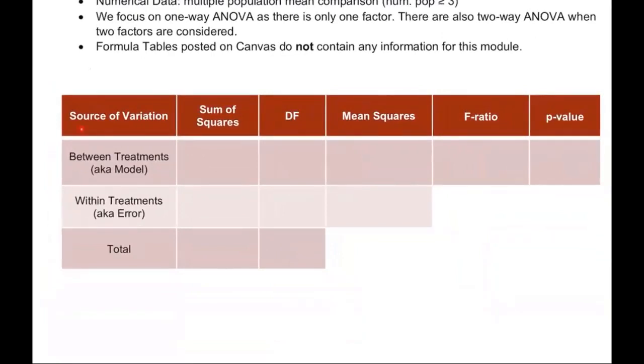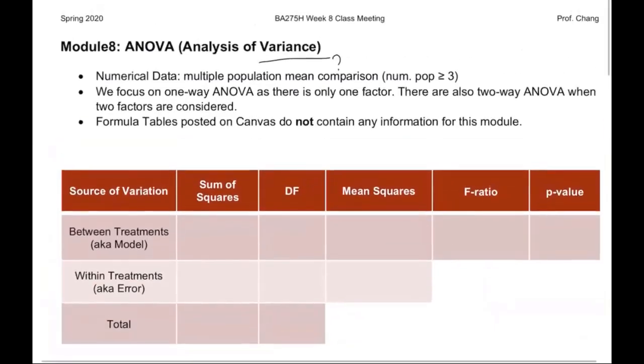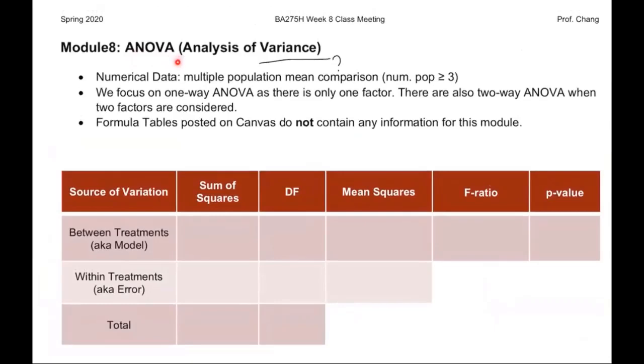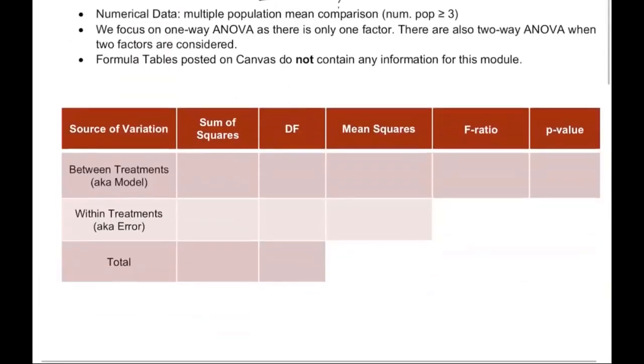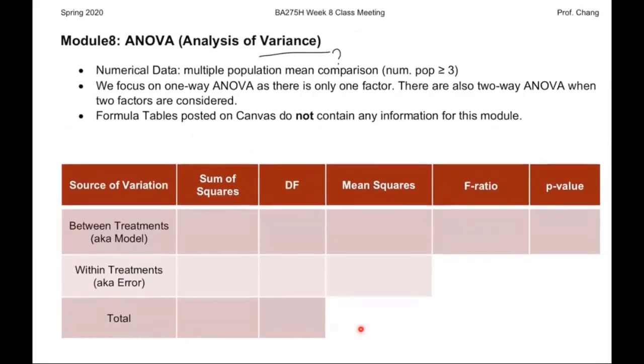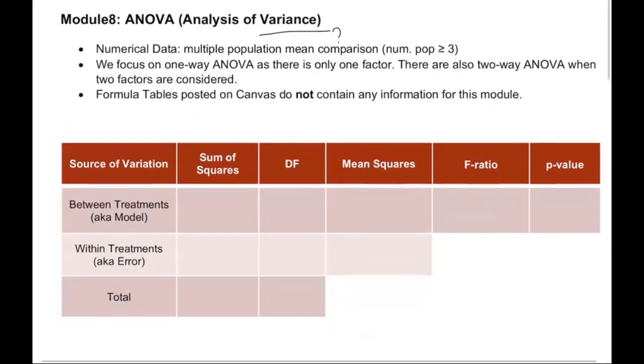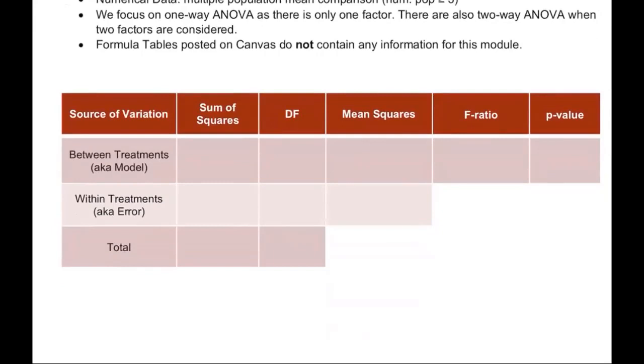So the variance actually comes from this word, variation. So to answer this question, when we try to set up Anova, which is a test, we have to establish this table. And this is the table. How do we set up this table is, we are going to consider different sources of variation in your data.